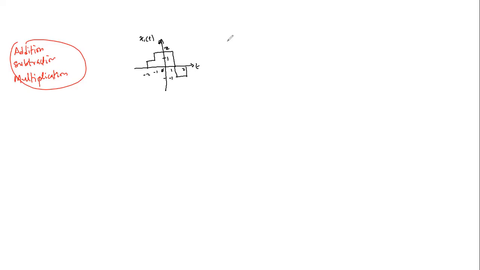And then we are given S2 of t, says something like this. These are just rough sketches. Let's say this is 2. This is 2.